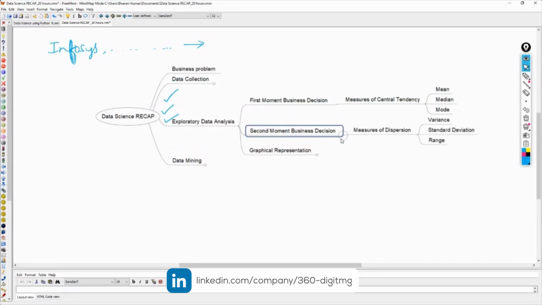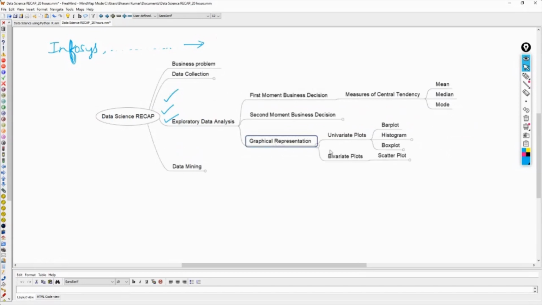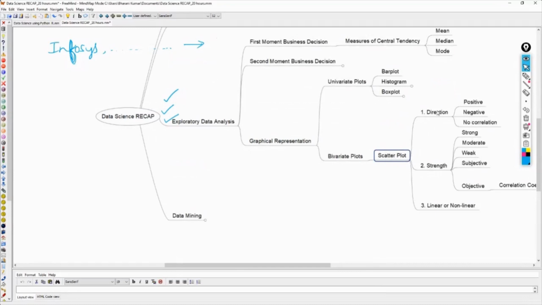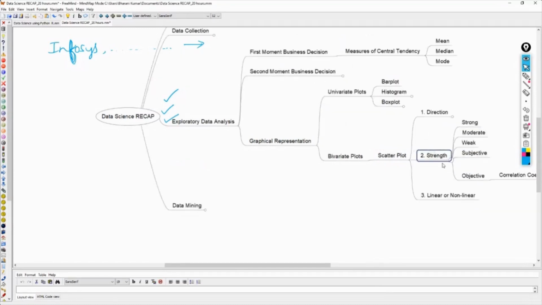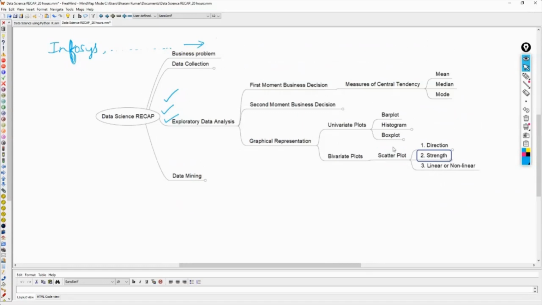And you have second moment business decision, where you have measures of dispersion, variance, standard deviation, and range. And then you have graphical representation, wherein you have univariate analysis, bivariate analysis, bar chart, histogram, bar plot, and then you have scatter plot. Scatter plot will help you identify the direction, strength, and whether the relationship is linear or non-linear. All these we discussed.